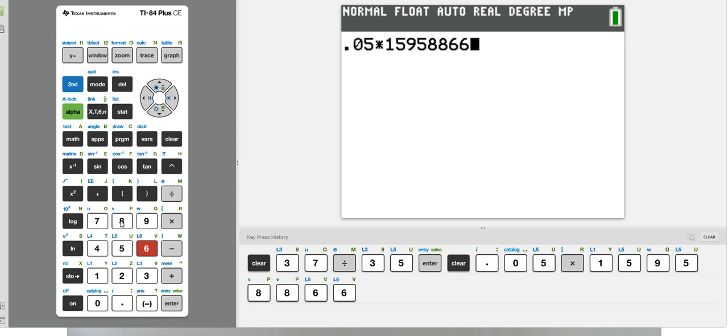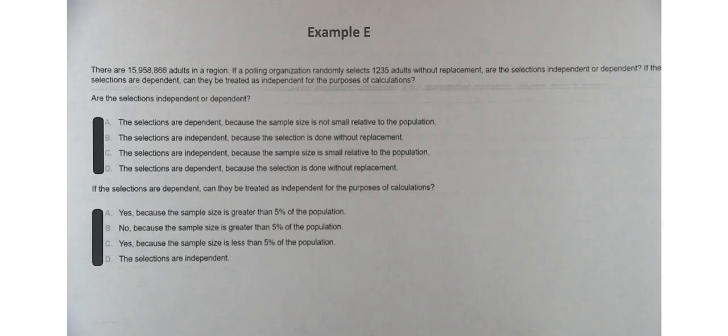Awesome. So 5% of that is almost 800,000 people. So is our sample size less than 5% of that number? Yes. Easily. So go ahead and try and take a look at these two and see what you think.